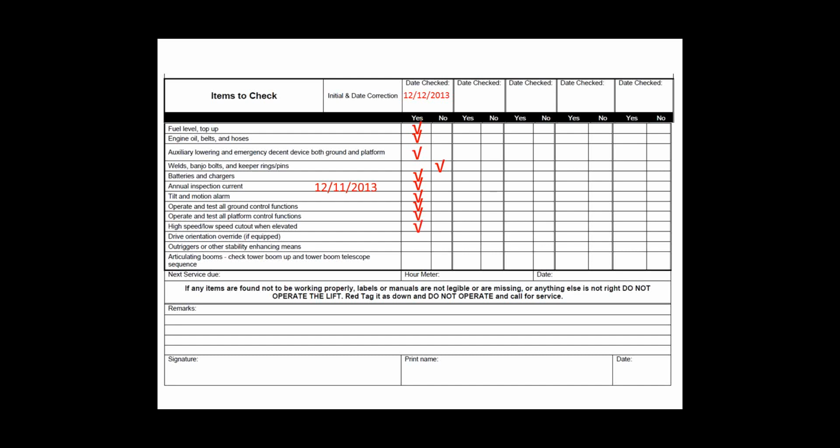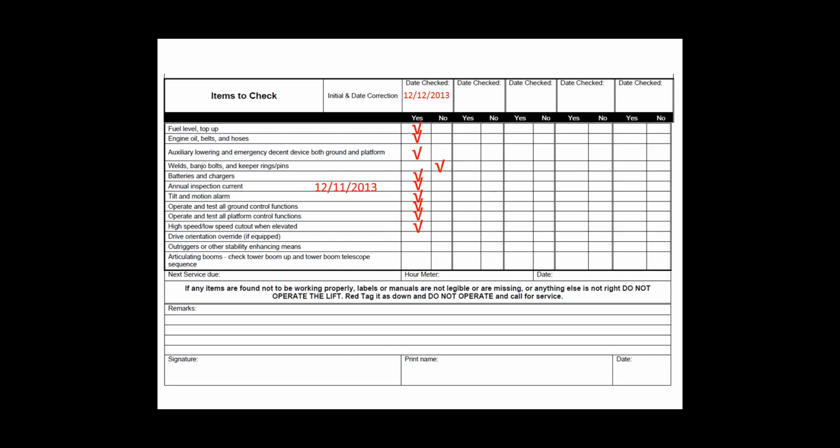Some machines have a drive enable feature so that when the boom is rotated, the drive feature is disabled, requiring the operator to look at the control function arrows on the base of the machine. So at this point, I like to say that that particular machine doesn't drive forward or in reverse.